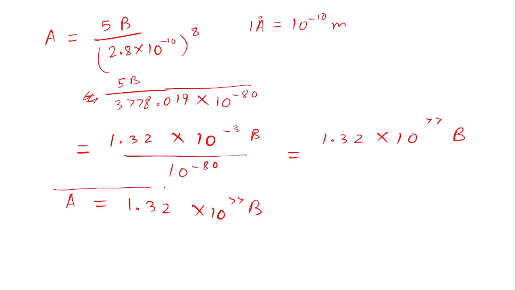But still we need to find out the value of a and b. So we need one more equation, and that we can get from here. Let me take another. So we already have the energy expression, which is minus a over r squared plus b over r to the power 10.